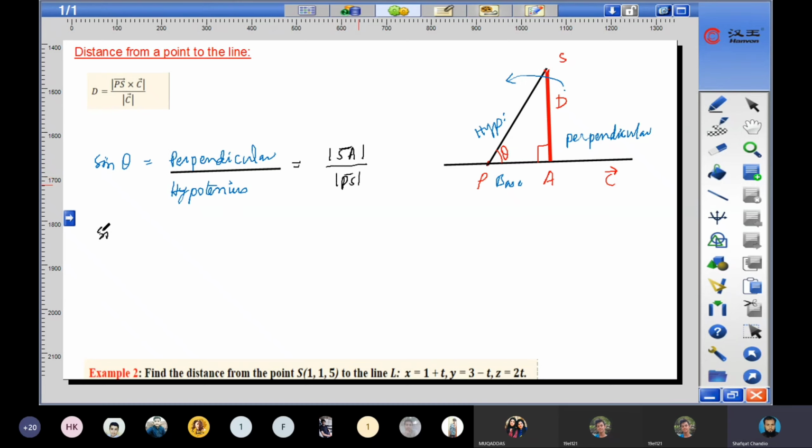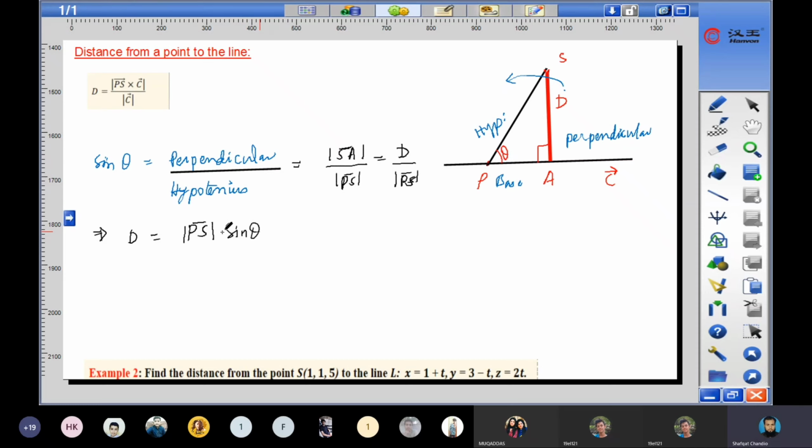So we can rewrite this in this way, that AC is actually the distance from the point to the line that we have to find out, divided by the length of the line PS. We can also write this in this way, that distance D is now equal to PS sine theta, the length of the line PS sine theta.